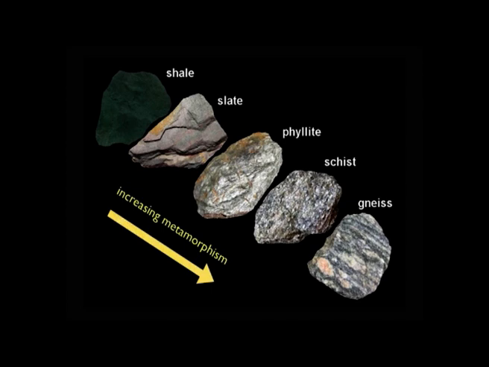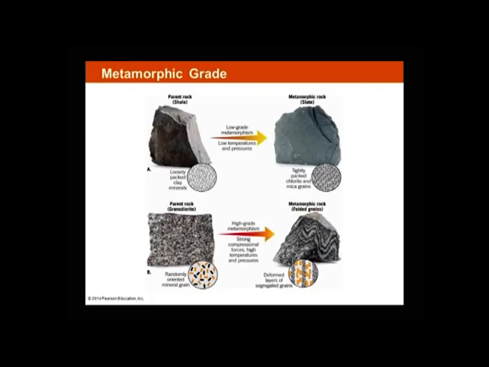Responses of rock to increasing metamorphic grade. Example: metamorphism of a shale made up initially of clay minerals and quartz. Slate forms at low metamorphic grade by the growth of fine-grained chlorite and clay minerals.